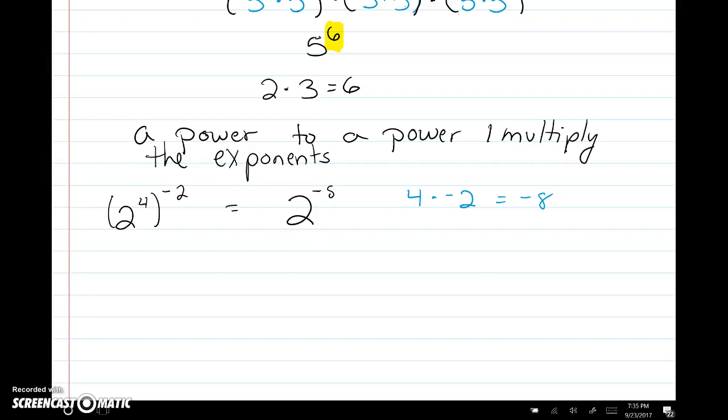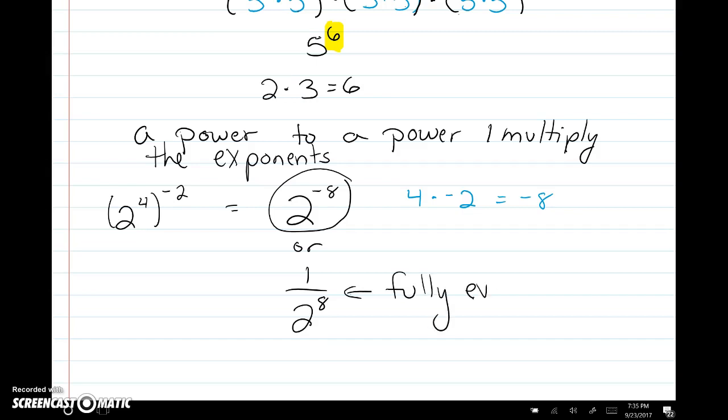So 2 to the negative 8, or I can write it as 1 over 2 to the 8th, because I can convert that negative exponent into a fraction. But you don't have to. I'll accept this unless I ask you to simplify fully. This is fully evaluated.